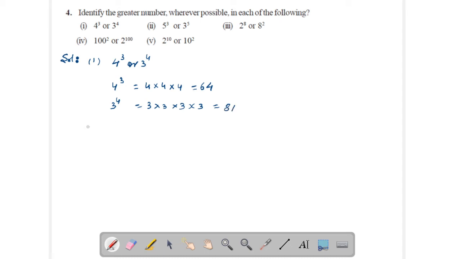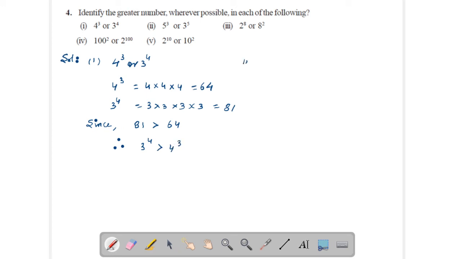Here what we observe, since 81 is greater than 64, therefore 3 raised power 4 is greater than 4 raised power 3.